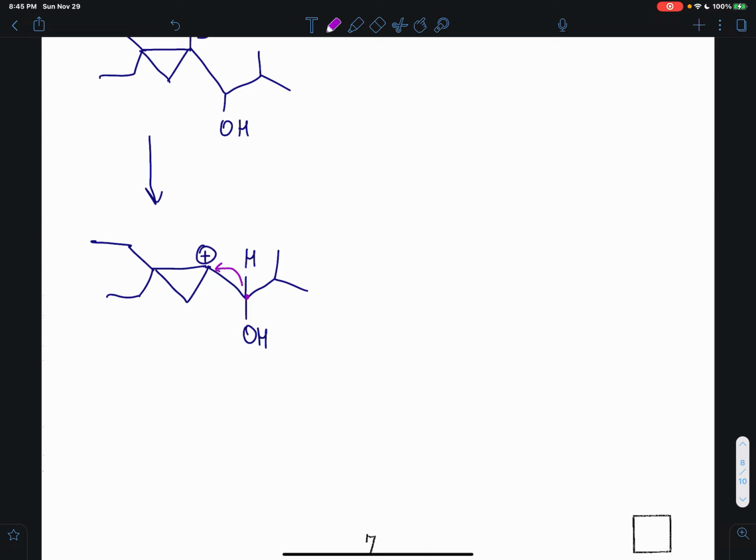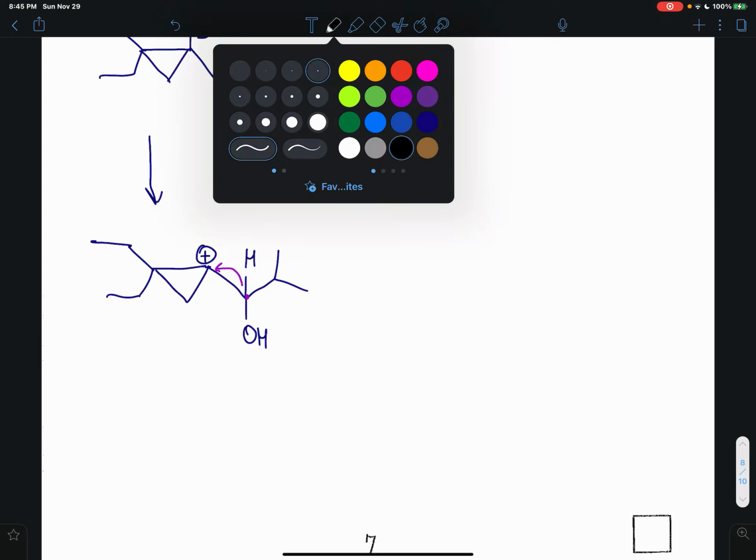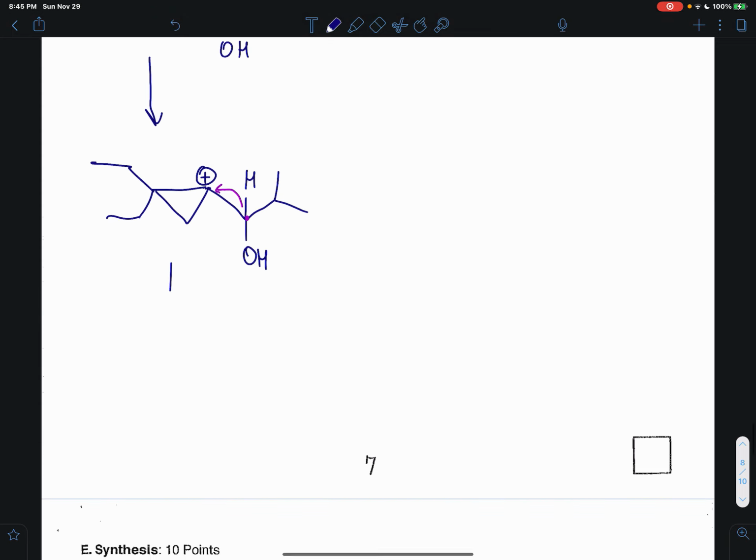And remember, resonance is more stable than tertiary, secondary, or even primary, right? So if I were to do this hydride shift, I'm going to end up with a hydrogen right here, and then I have a positive charge, and then OH.